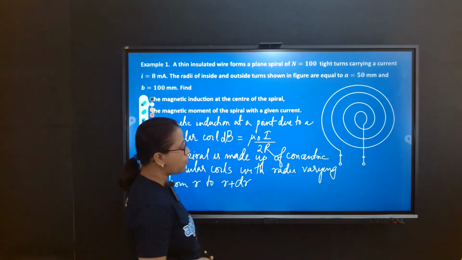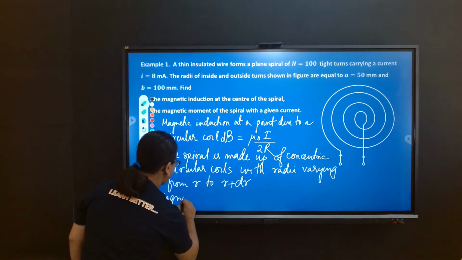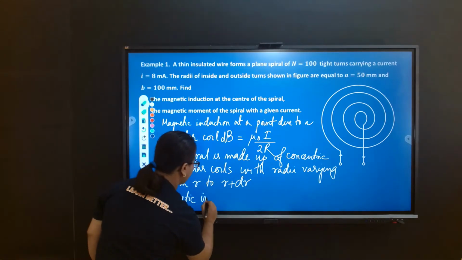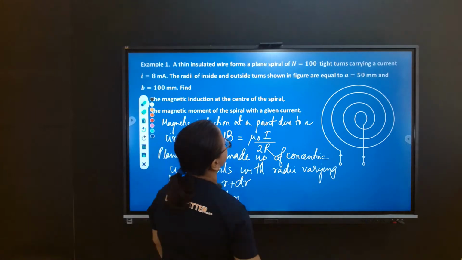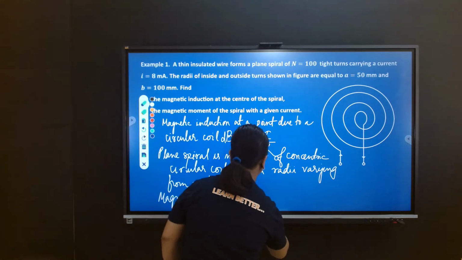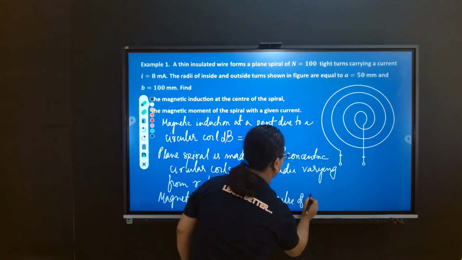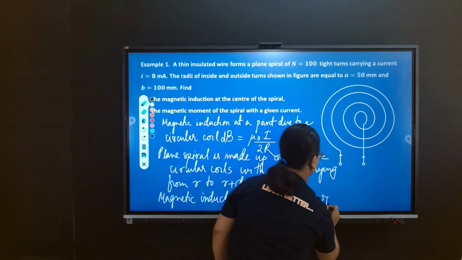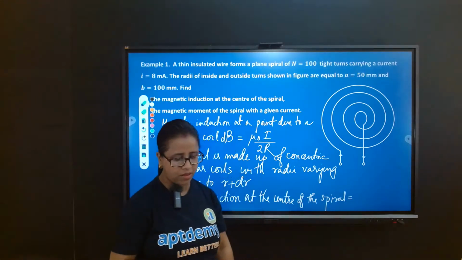So proceeding forward, the net magnetic induction at the center of the spiral. Now, what can we write this as?